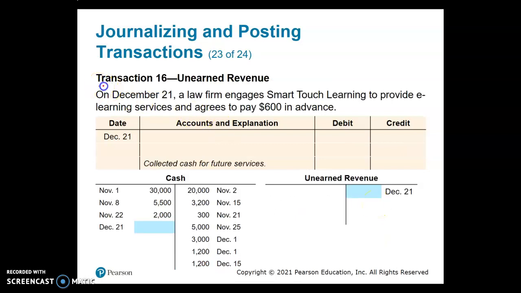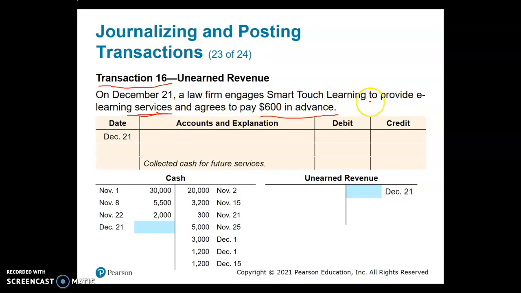All right, transaction number 16, we have unearned revenue. On December the 21st, a law firm engages SmartTouch Learning to provide e-learning services. So we've got some service revenue. Oh, and agrees to pay $600 in advance. So this one, they've not actually done the work yet.